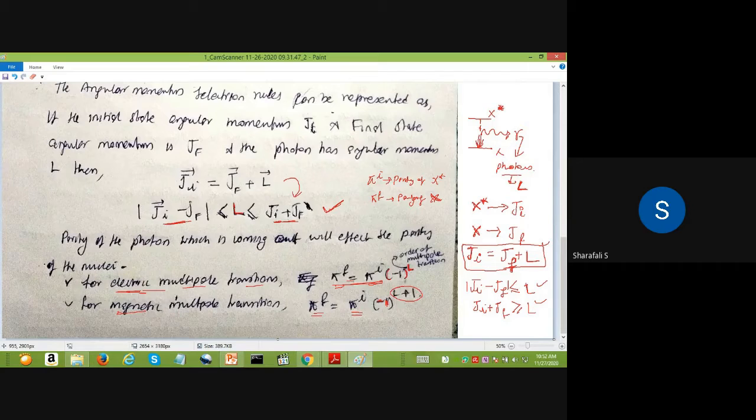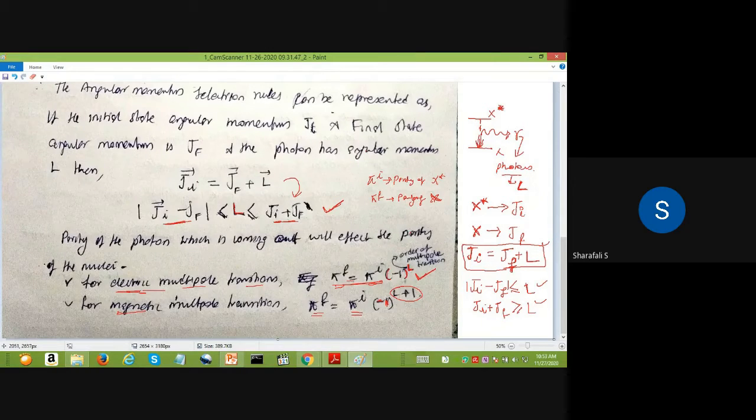So how can we determine whether it is electric or magnetic? We have to look at the parity of the excited state nuclei and the ground state nuclei. When their parity forms the first condition, then we can say the radiation is coming from an electric multipole transition.